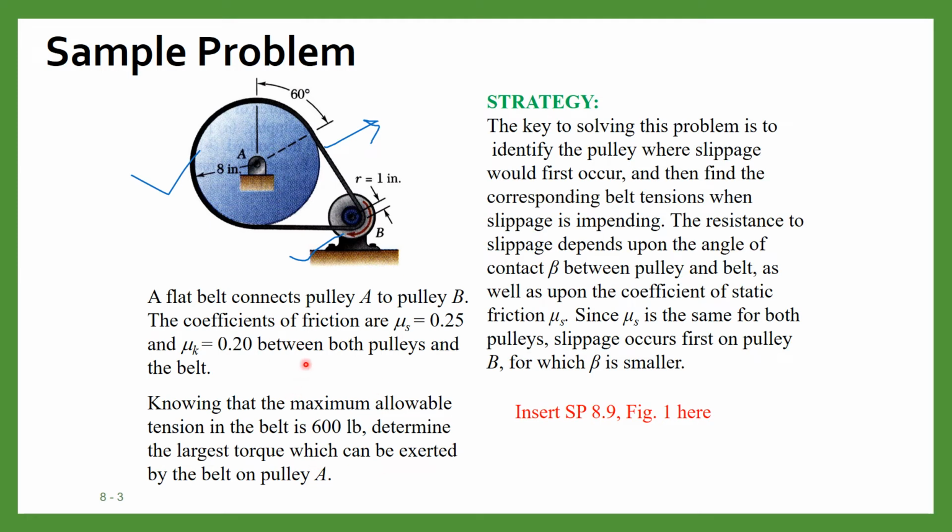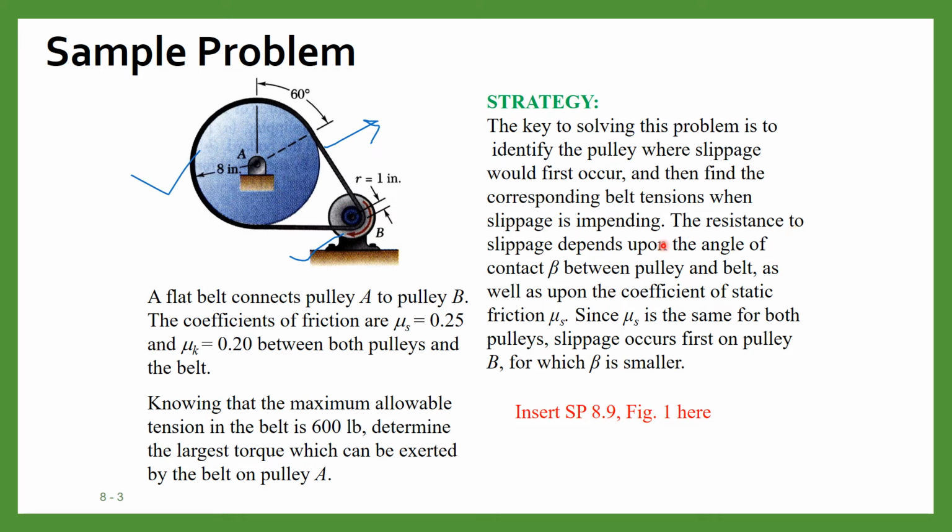Now how are we going to solve this? This is the strategy. The key to solving this problem is to identify the pulley where slippage would first occur. First, by our knowledge, we should identify on which pulley slippage can occur, and then find the corresponding belt tensions when the slippage is impending, as we have done in the previous equation.